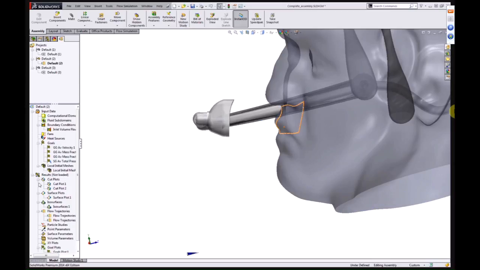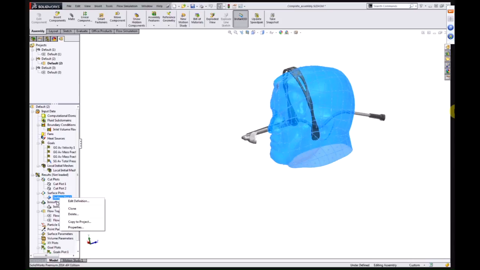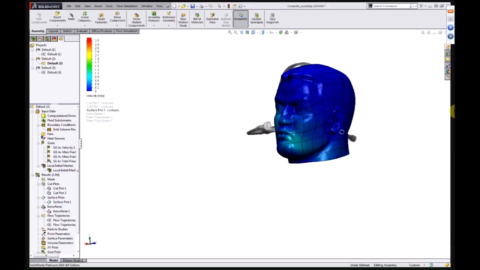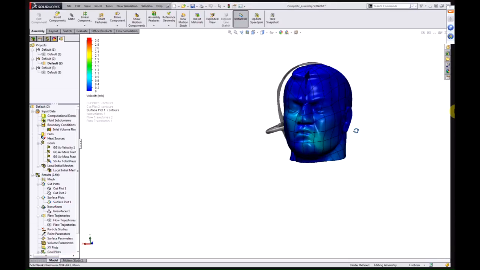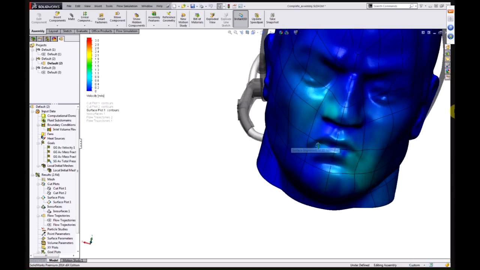Because the flow is coming in from the side and it has a very sharp turn, it's non-symmetric, right? And that could potentially be an issue. Actually, that's velocity. We can go look at oxygen concentration as well. Still non-symmetric. We are striking the nose and mouth pretty well.